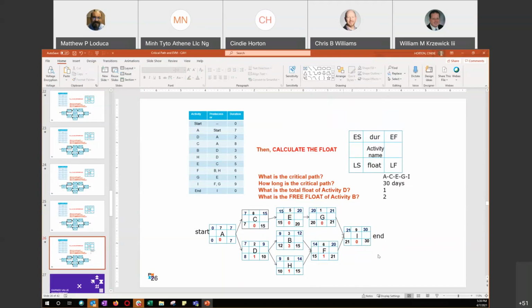For the free float, it's going to be that 14 minus 12 is your free float. You can delay B by 2 days and still start F on the 14th, its early start date. Say you started B on day 10 and you finished on day 13, you still won't delay the project, right? Because you're still coming in before the 14th.